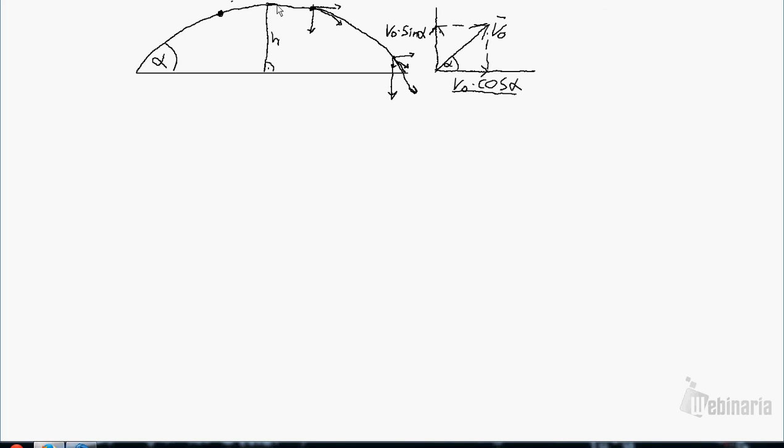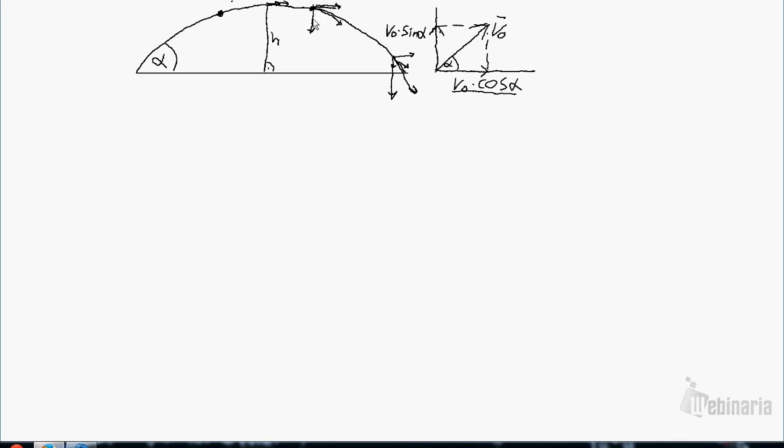And how come is that? Because at this moment, right here, maybe I should mention it, the gravitation force has no effect, because at this point our movement is parallel with our surface. So the vertical component is 0.